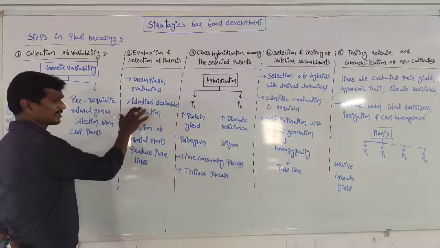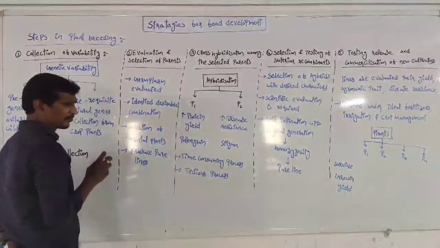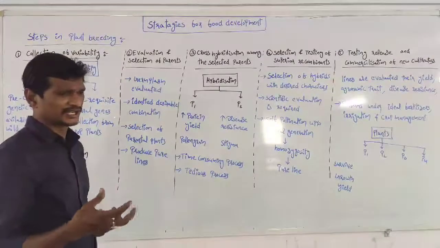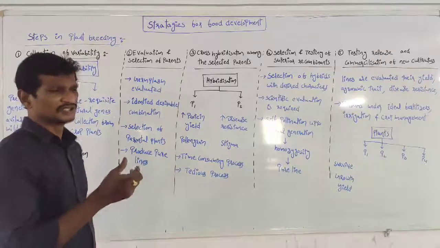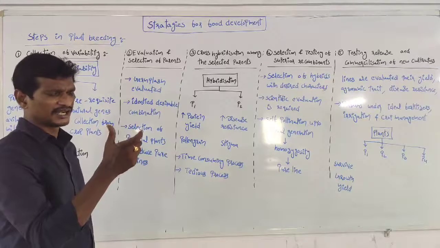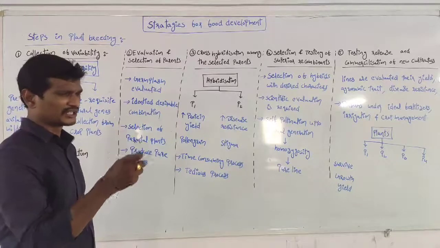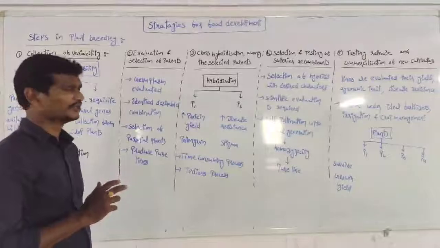See here, desirable characters are present. For suppose, in one plant high yielding capacity is there, in another plant high disease resistance is there, right? So this is one combination. High yielding and high disease resistant: both characters are expressed in one plant. That is very useful.